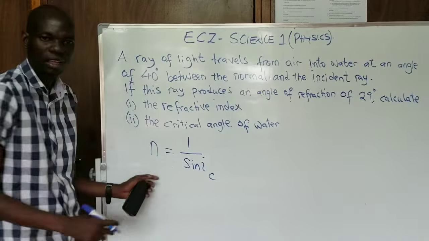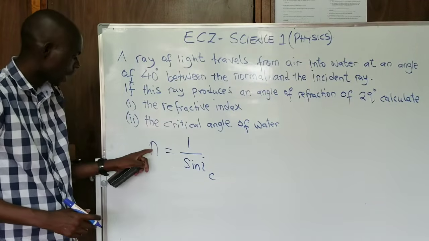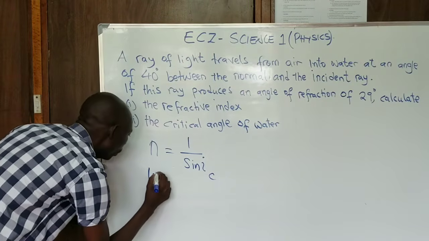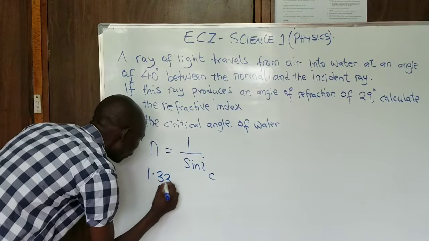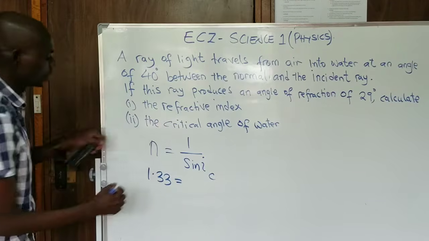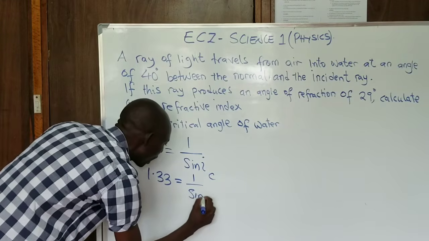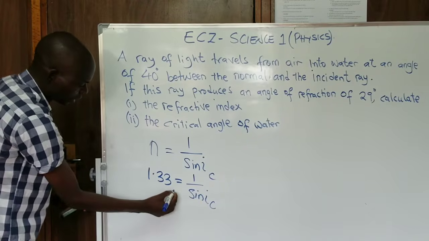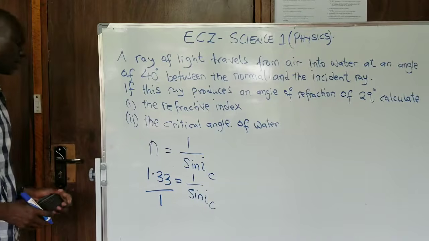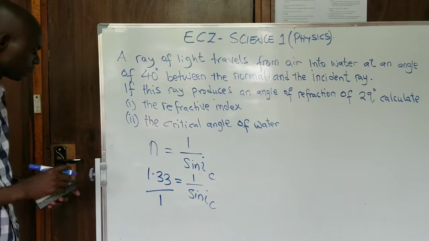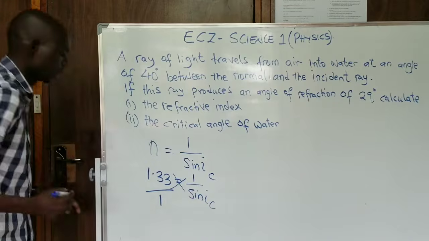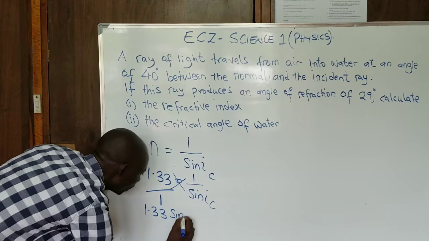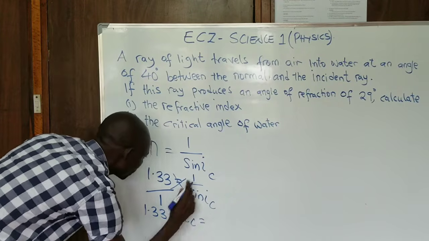In this case, our refractive index has already been calculated, which is 1.33. You simply substitute it here: 1.33 equals 1 over sine IC. We cross multiply, and we have 1.33 sine IC equals 1 times 1, which is simply 1.